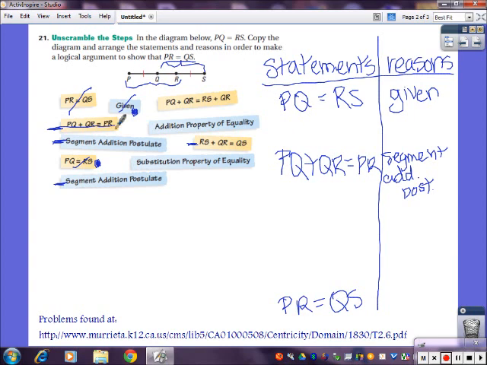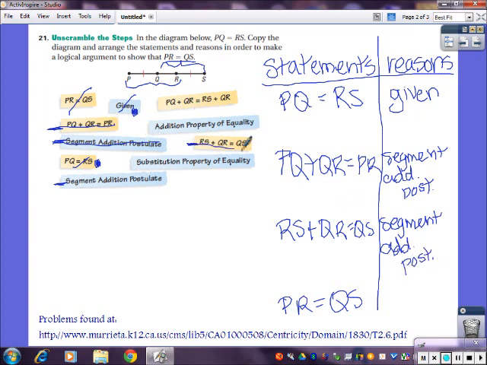Then I'm going to go over here and write RS plus QR equals QS. And it's the same reason, segment addition postulate. Okay, so mark those out.